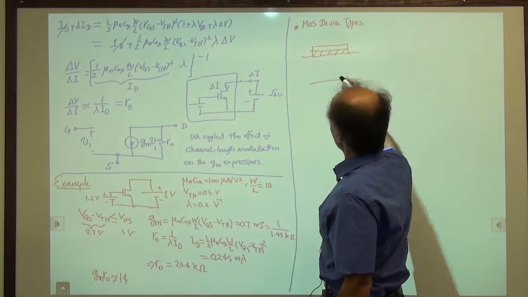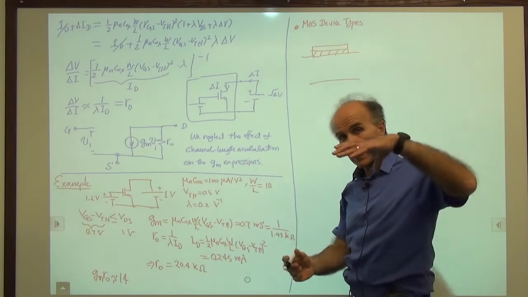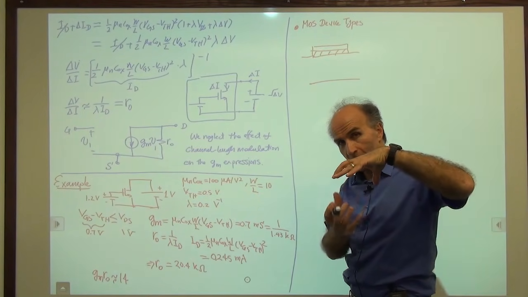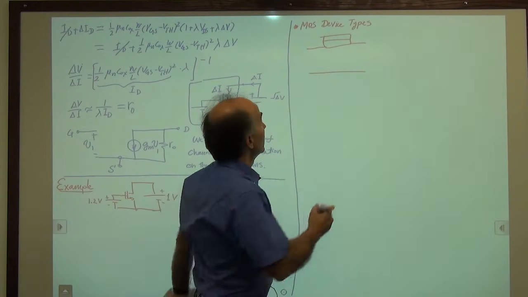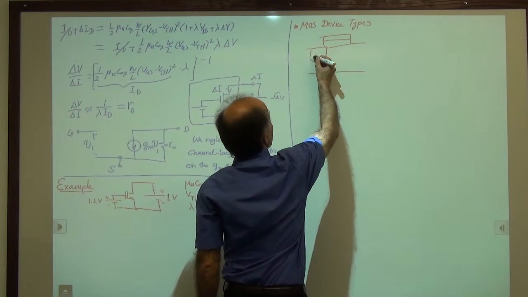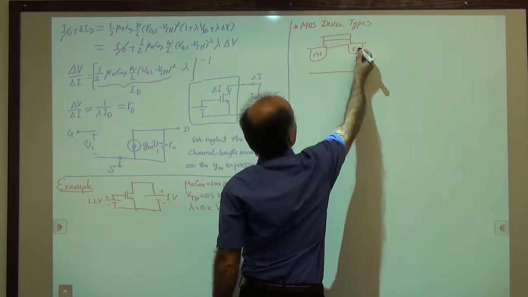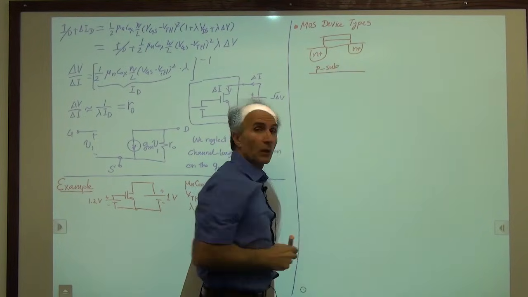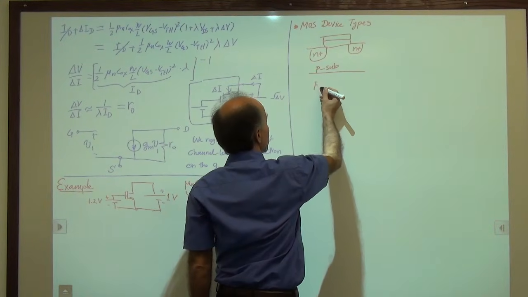Then we had a substrate which was P-type. Remember, the first time I introduced the MOSFET, we had a second plate of a capacitor which was built out of P-type material. We saw that in these MOS devices, we have an N+ region for source and drain, and this P substrate here. And this is what we call an N-type device, or an NMOS.